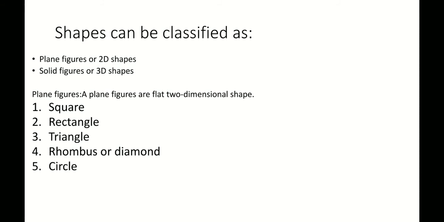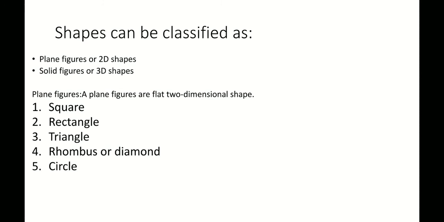Two-dimensional means it has two dimensions, that is, for that type of shape we can find length and breadth. Some of the plane figures are square, rectangle, triangle, rhombus, which is also known as diamond, and circle.